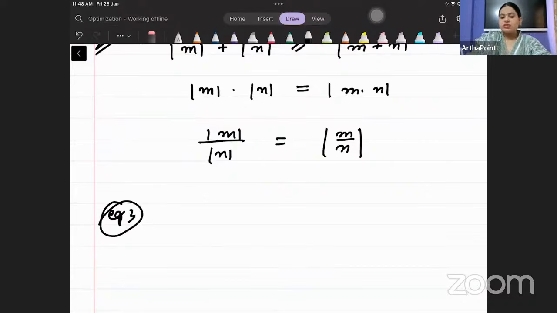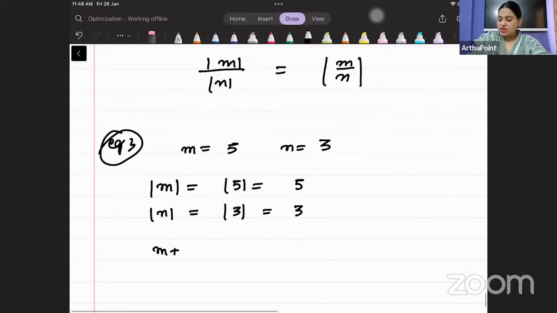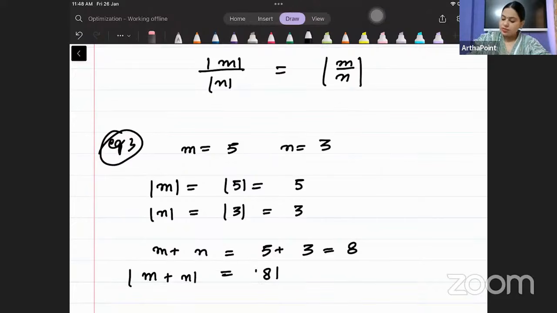So this is example 3 of your book. बेटा m को ले लो 5, n को ले लो 3, तो m mod क्या हो जाएगा? 5 का mod, that means 5. n mod क्या हो जाएगा? 3 का mod, that means 3. बेटा m plus n क्या होगा? 5 plus 3, that means 8. So बेटा m plus n का mod क्या हो जाएगा? 8 का mod, that means 8.